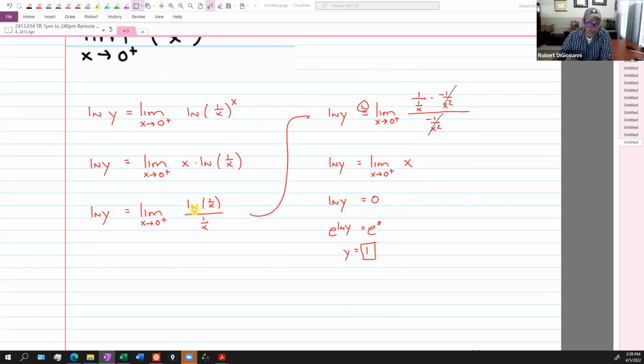The derivative of the top, derivative of natural log of 1 over x, is 1 over 1 over x, and then the derivative of the inside is negative 1 over x squared. We've seen that now 6 or 7 times. And then the derivative of the bottom, derivative of 1 over x, is negative 1 over x squared. These cancel. Before you do anything else, just flip the 1 over 1 over x up, and this just becomes x. Now take your limit, let x go to 0, and this becomes 0. And then you just do e to both sides. Do I need to clarify that for anyone?